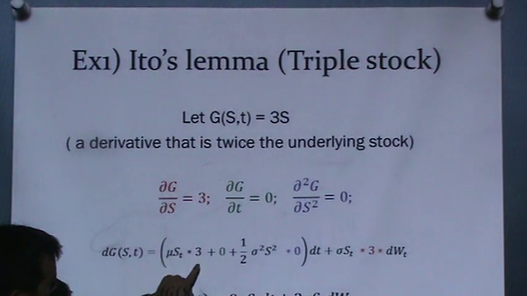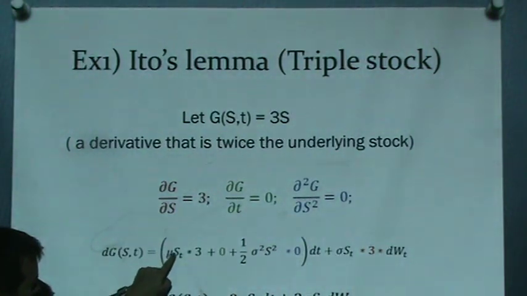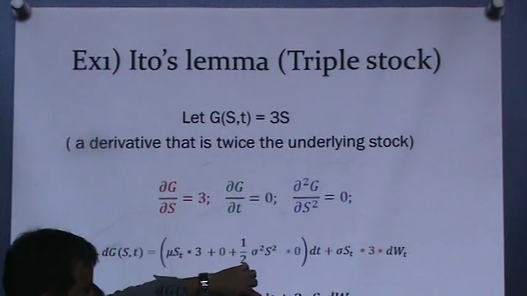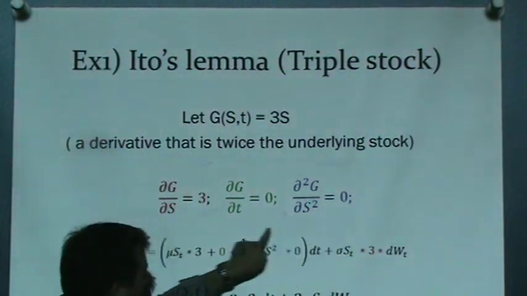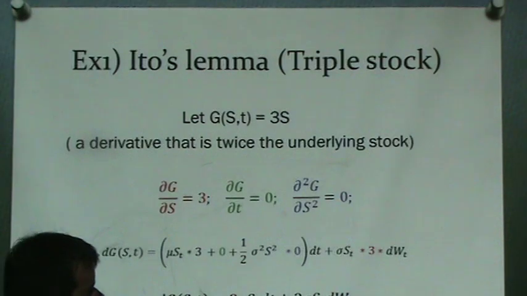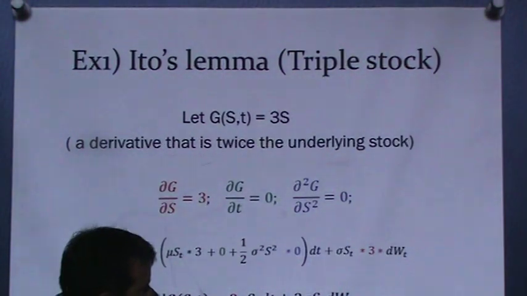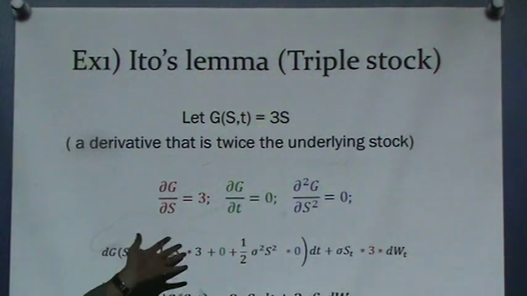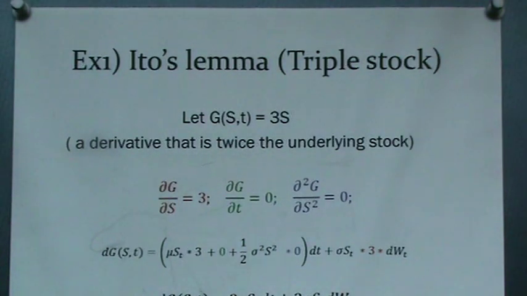So what we ended up with is 3 times mu S t times dt, plus, and this 3 in red came from here, 3 times sigma S dW. So this is the process for this new derivative we made up. And that's a pretty uninteresting derivative. We basically just said take the stock and multiply it by 3, and that's our new derivative product.